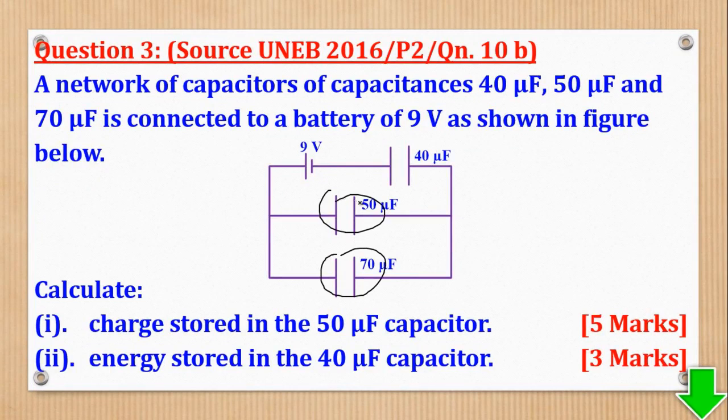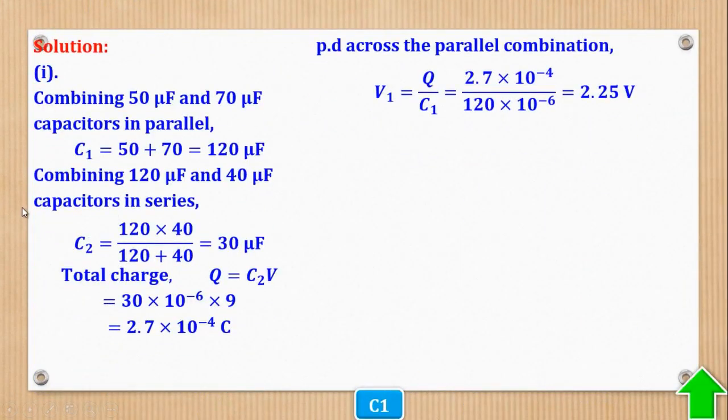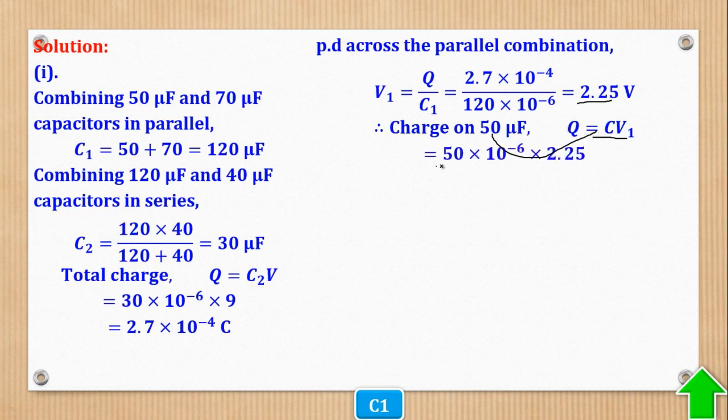Now that we have got the PD here and also the capacitance, we can get the charge. Therefore, charge on the 50 microfarad will be C times V. So C will be the capacitance, which is this, and V will be the PD across that capacitance. So you substitute and get the answer they wanted.